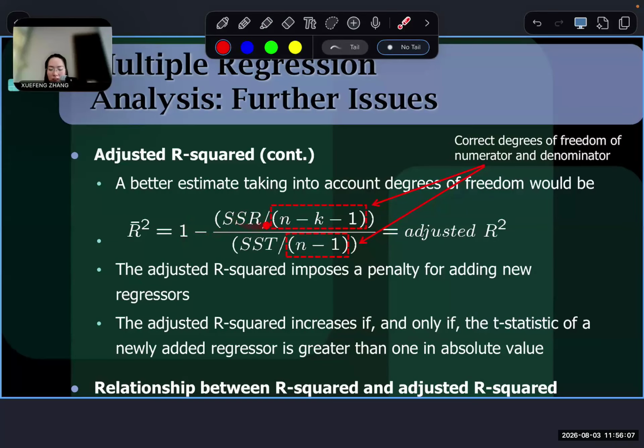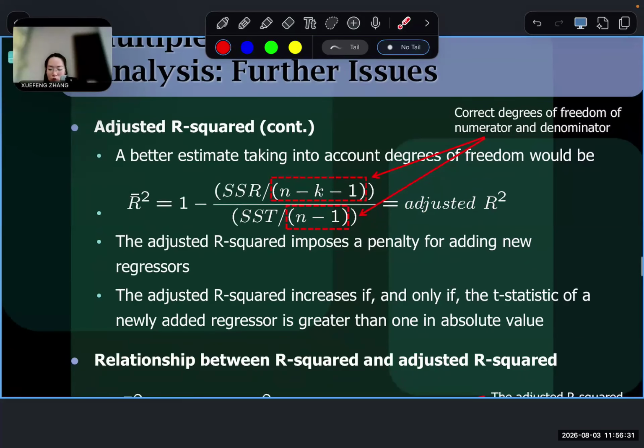Nothing changed here, only one thing: instead of dividing by n, we divide by the degrees of freedom. n minus k minus 1 for SSR, and for SST, it's n minus 1. So this is the correct degrees of freedom for numerator and denominator. And this is adjusted R squared.